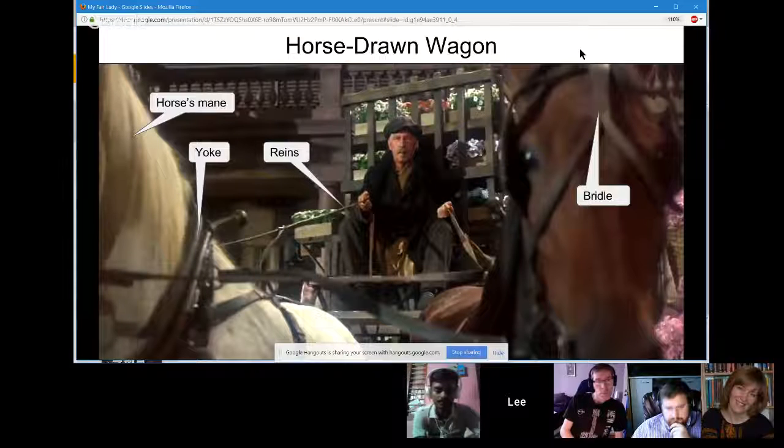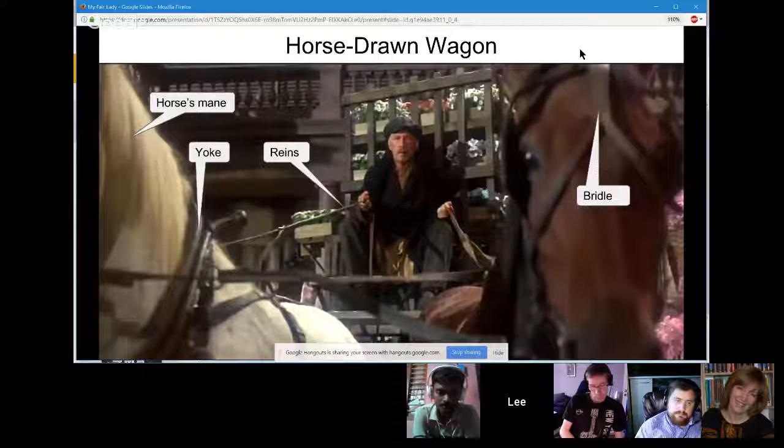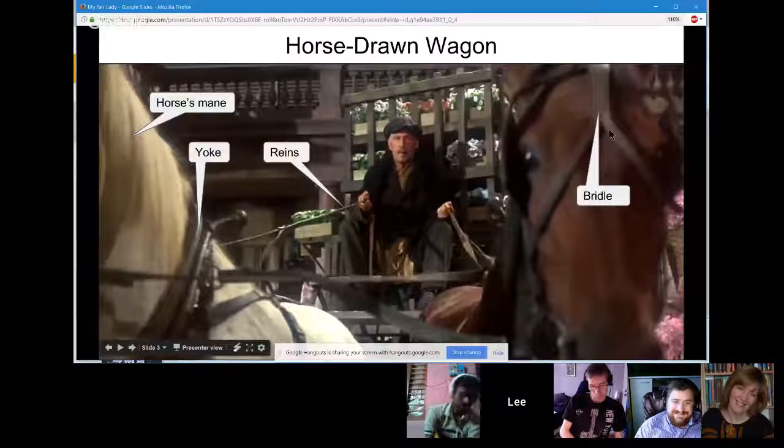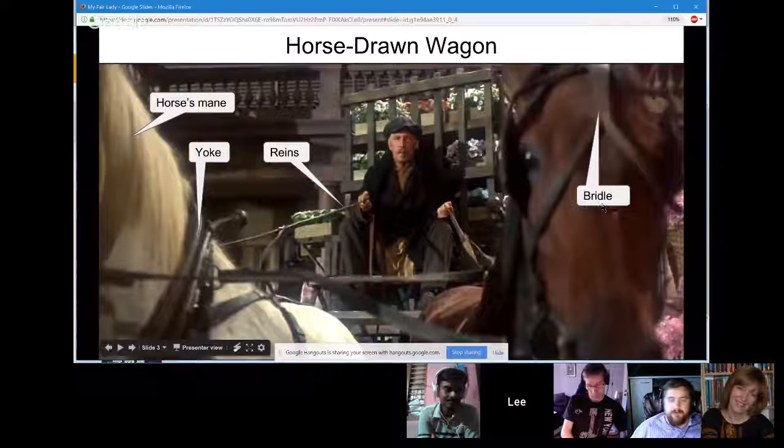So yoke, reins, and bridle are the mechanisms we use to control a horse and make him obey and pull a wagon. Kind of obsolete, right? No, not obsolete. We still use these today. In general, though, I don't often see horse-drawn wagons.